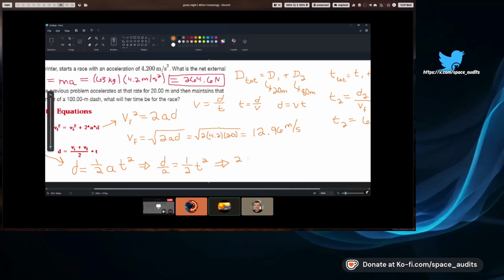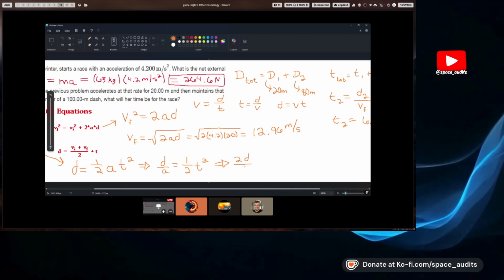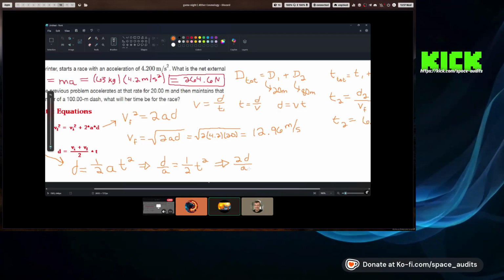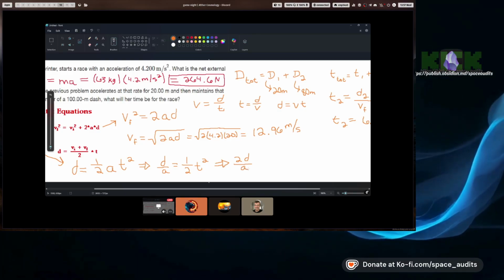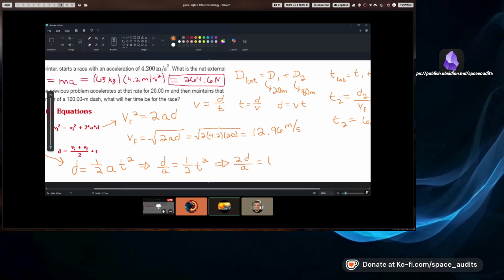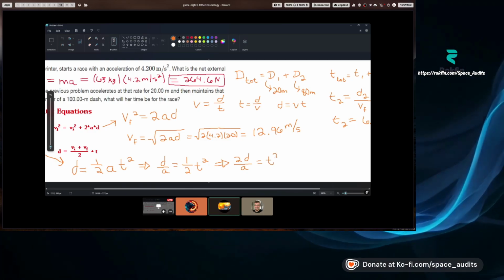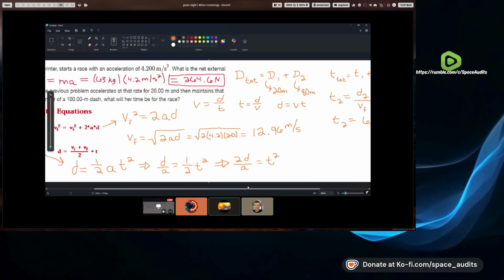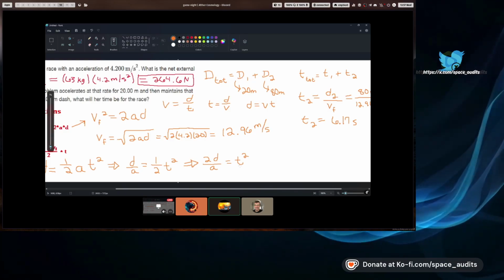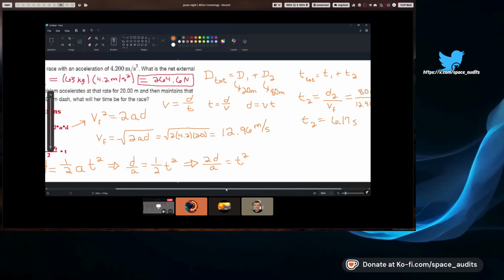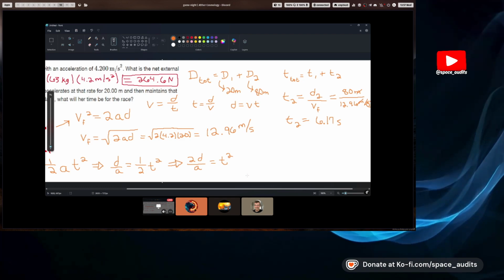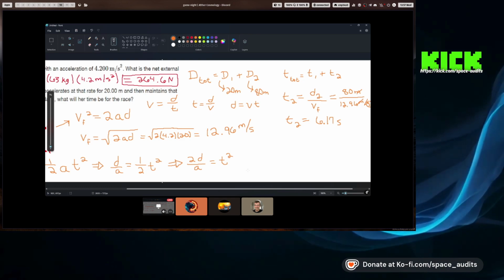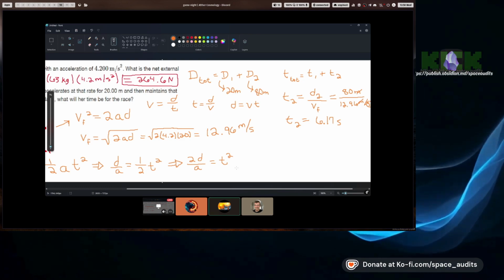So I've got 2d over a equals t squared. Now, how do I get t? Because I've got t squared right now. How do I solve for just regular old t? Remember, we've done it in the other two problems so far.